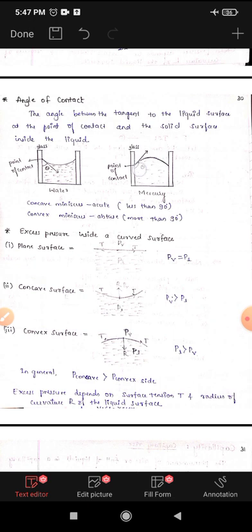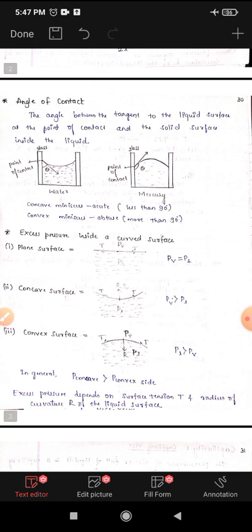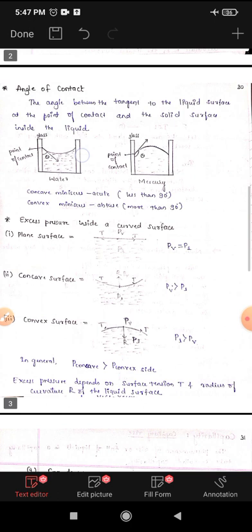So the convex surfaces will have an angle more than 90 degrees, that is obtuse, and the concave surfaces will have an acute angle, that is less than 90 degrees. This is about the angle of contact.